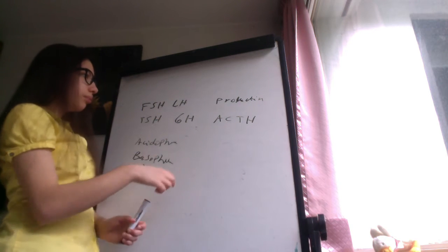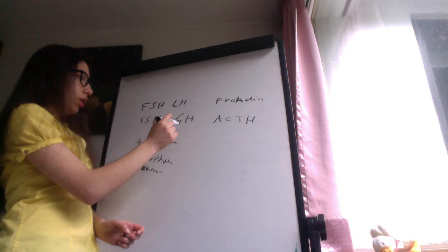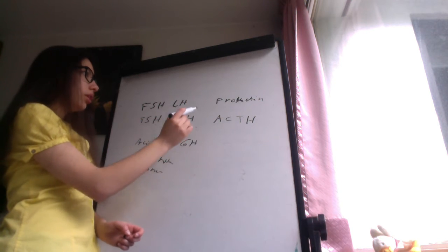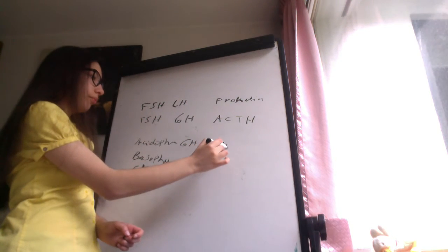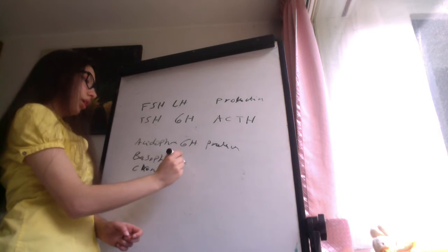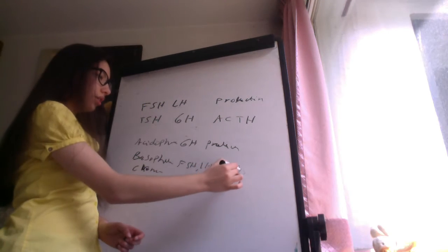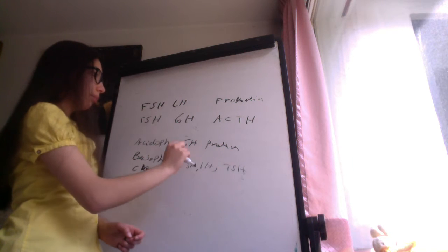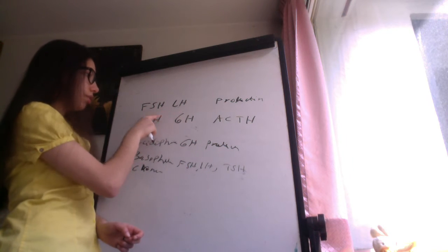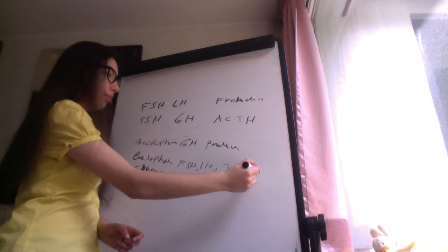The acidophils contain the growth hormone and prolactin, and basophils FSH, LH, TSH, and ACTH.